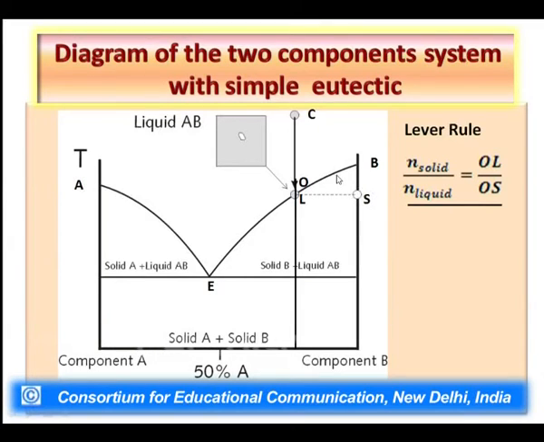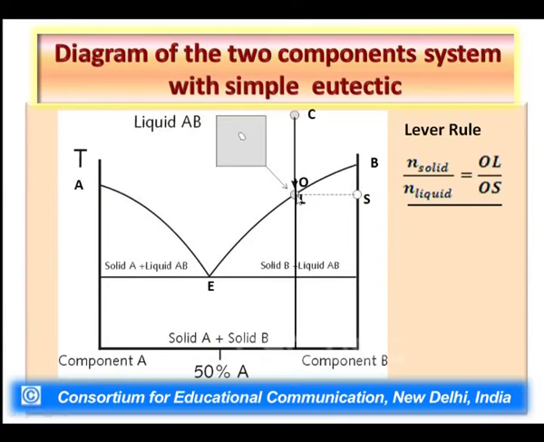If you closely watch it, this curve BE represents the freezing point curve, also called the Liquidus curve. In our previous lecture we said that this curve is called the Liquidus curve because it represents the composition of the liquid phase which is in equilibrium with the solid phase at which the first crystal of that solid substance appears.